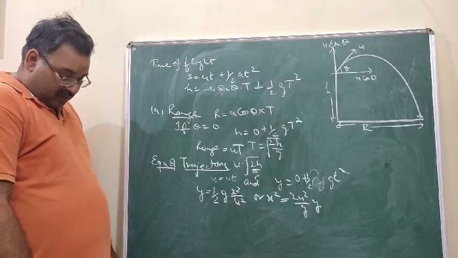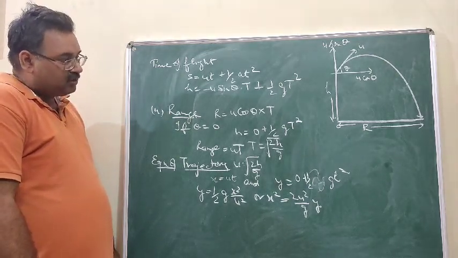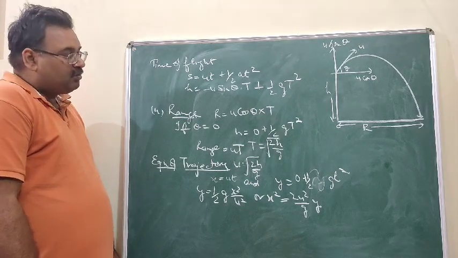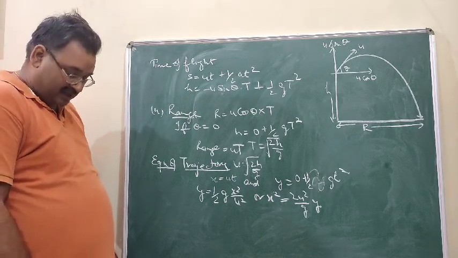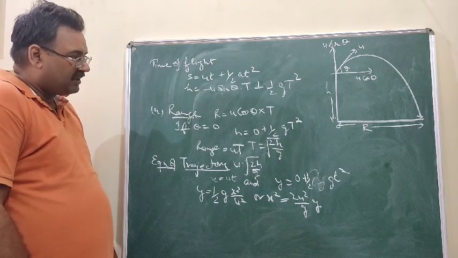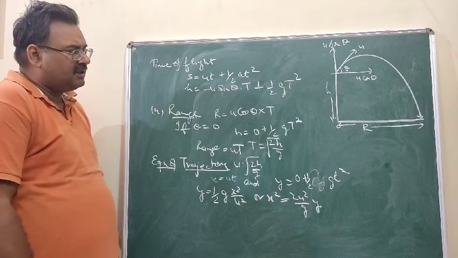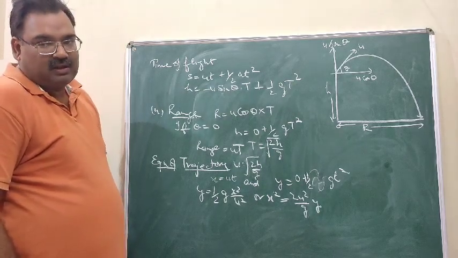Then we will find out the time of flight. So considering vertical motion from O, we will use the equation of motion s is equal to ut plus half gt square. Height is h. H height it has to come down in the opposite direction. तो velocity को हमने उल्टा कर दिया, vertical velocity को उल्टा कर दिया, minus u sin theta into total time of flight t plus half gt square.